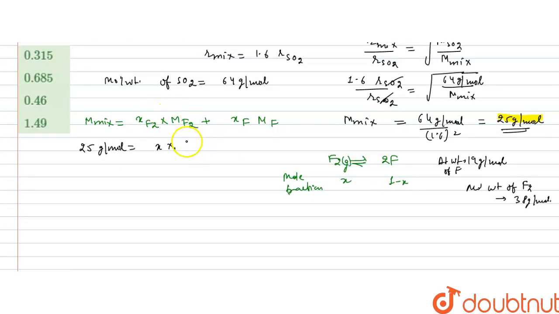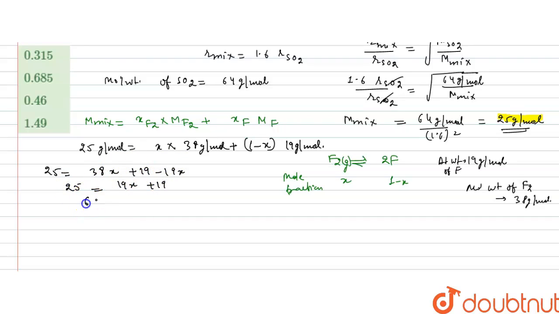So it would be 38 gram per mole, plus the mole fraction of the fluorine atom, 1 minus x, into 19 gram per mole. From here we can calculate the value of x. It would be 25 equals 38x plus 19 minus 19x. So 38x minus 19x is 19x, plus 19, and here it is 25.